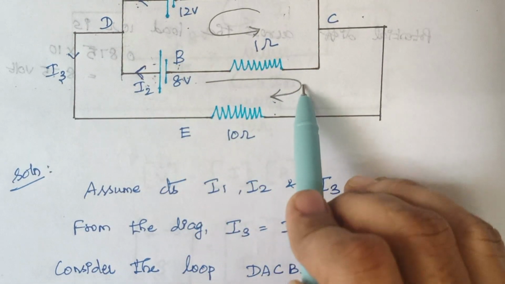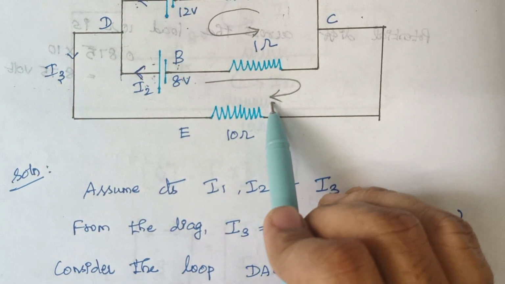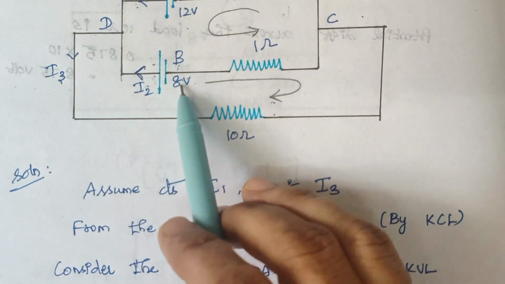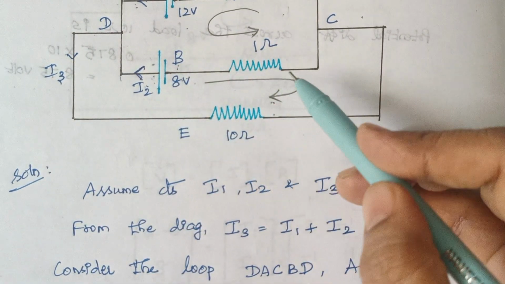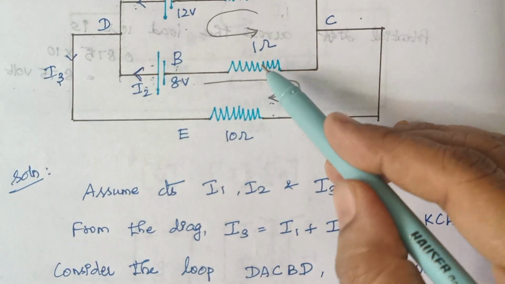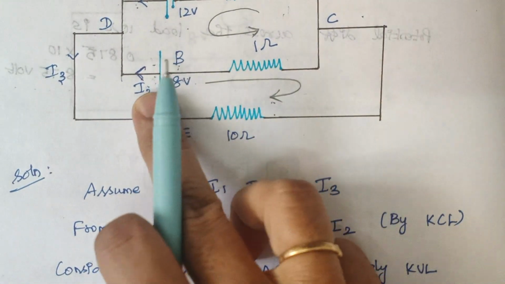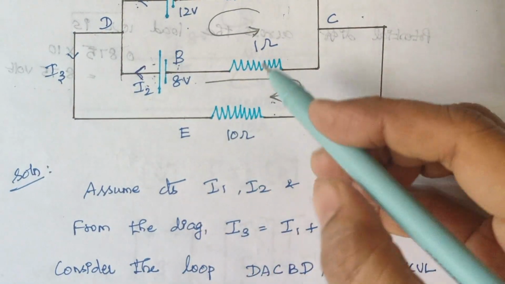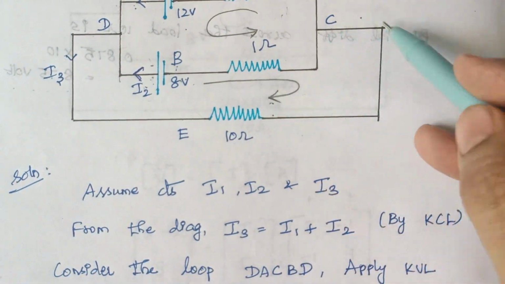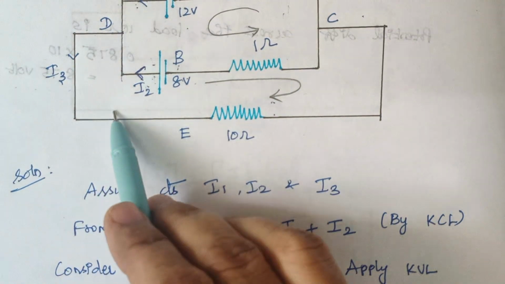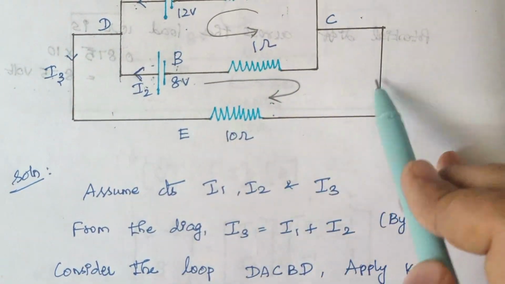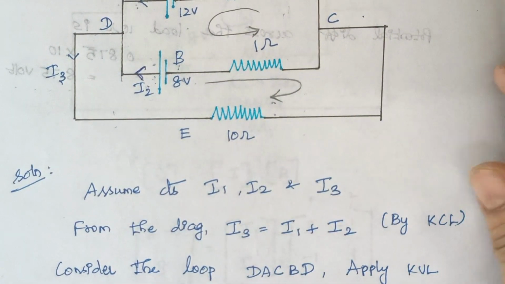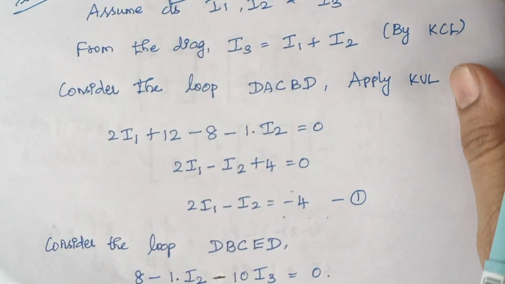You have to assume only this direction when you consider the loop, right? So plus to minus, therefore minus 8. And again minus 1 into I2, because the direction of current we assumed is opposite here. And I3 flows in this way, but the assumed direction is opposite, therefore minus 10 into I3, right?